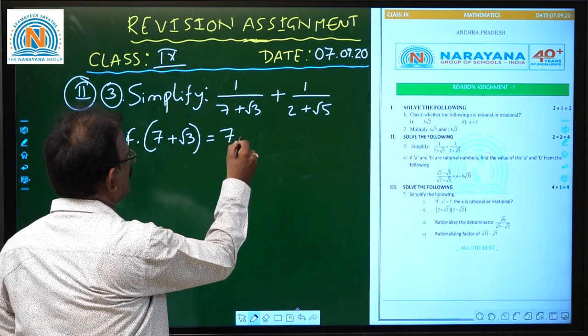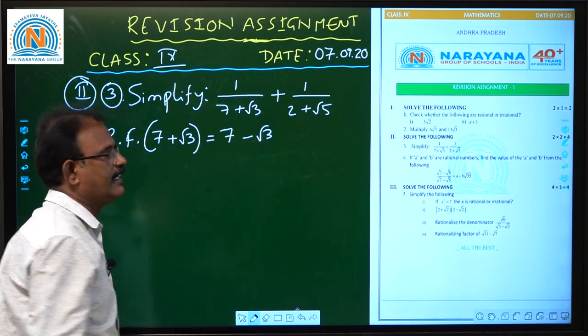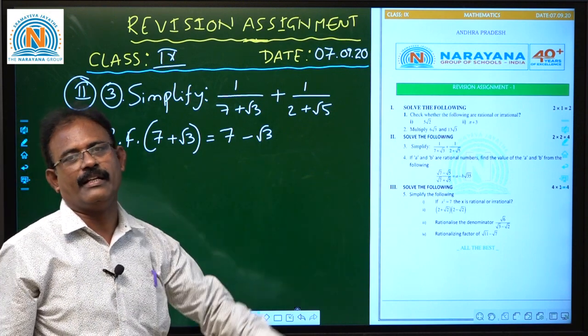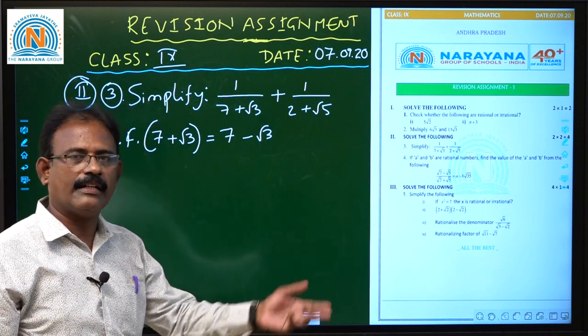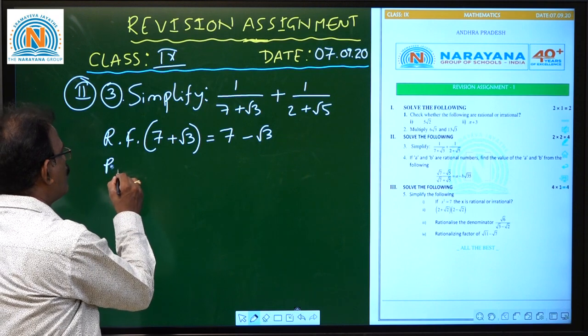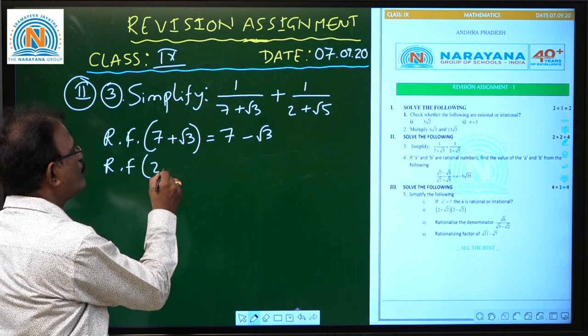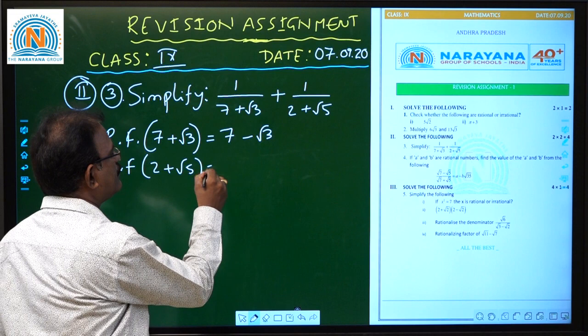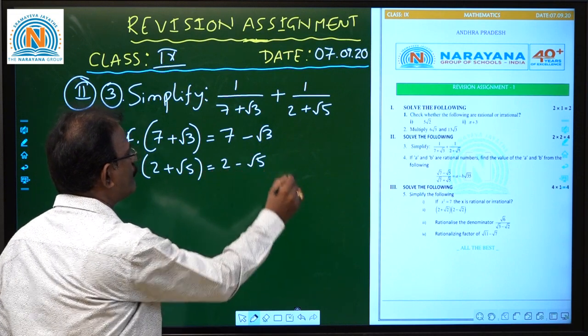You know all very well, this is 7 minus root 3. As when you multiply both, you will get the product rational. And similarly, what is the rationalizing factor of 2 plus root 5, children? This is 2 minus root 5.